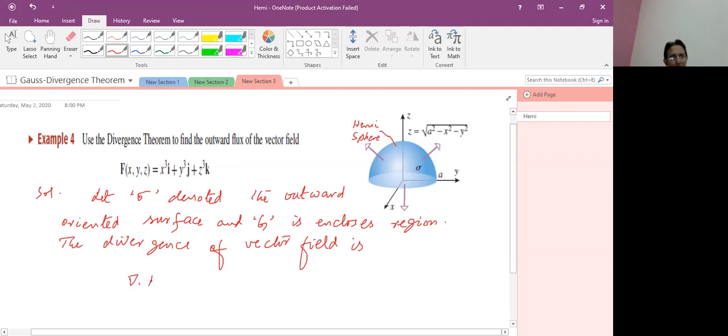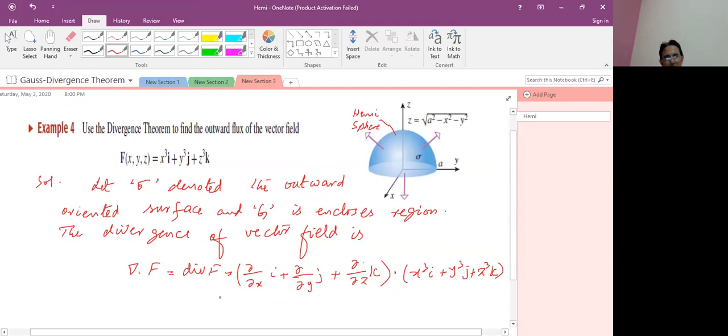del dot f. It means the divergence of f, which is equal to del over del x i plus del over del y j plus del over del z k. What is f? F is given in the question. It means x cube i plus y cube j plus z cube k.